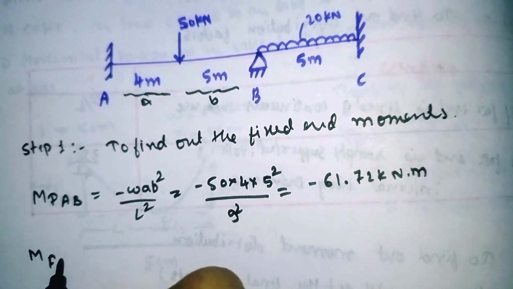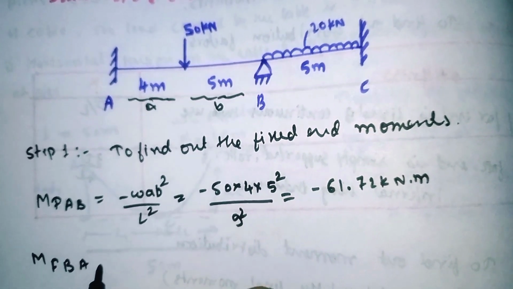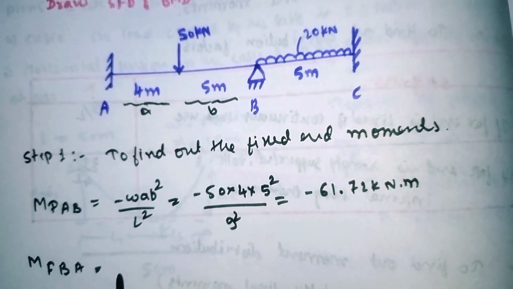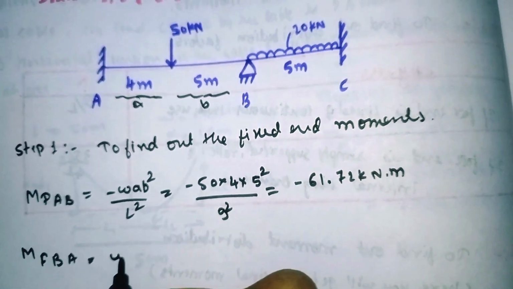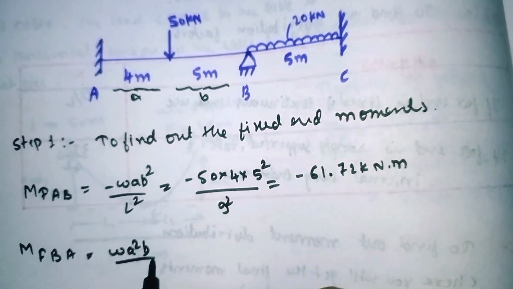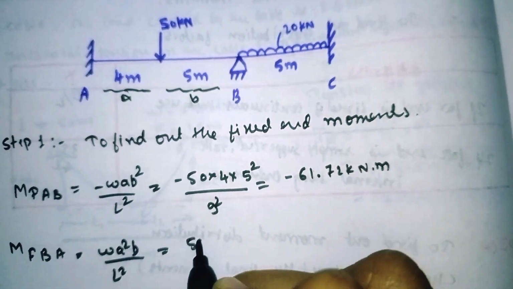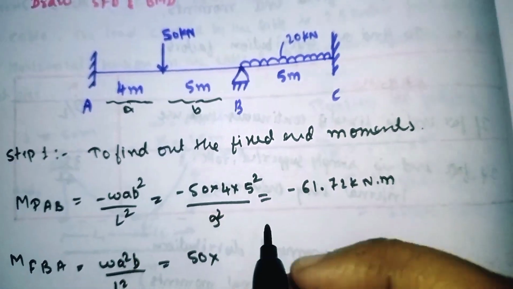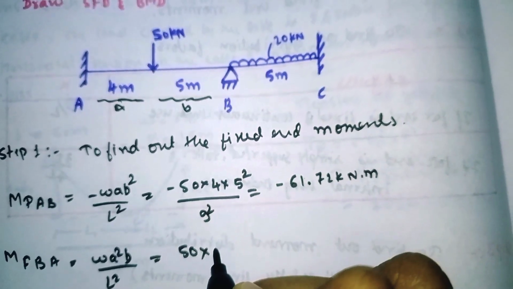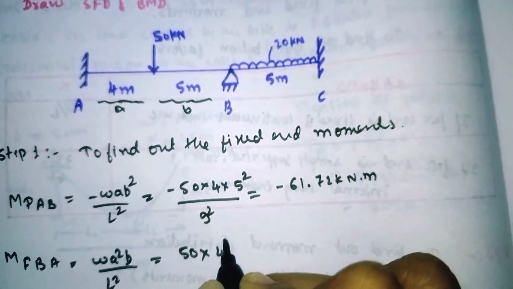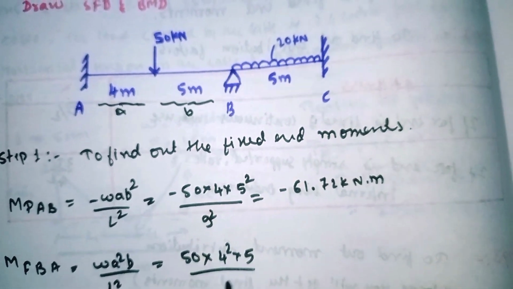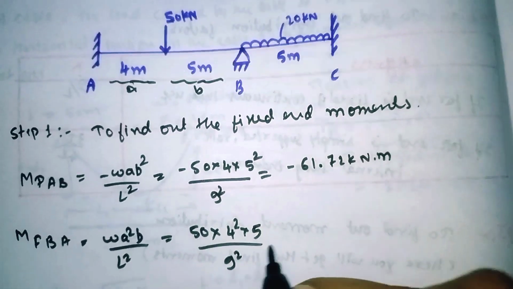Next will be the fixed end moment about BA. For that it is clockwise. We have the formula W A square B divided by L square. So substitute all the values. The point load is 50, and our A is 4, square, times B which is 5, and the total is 9 square.